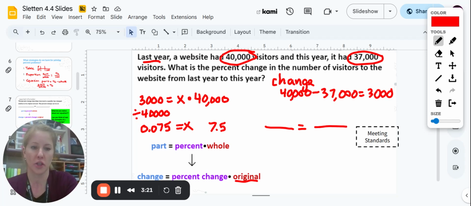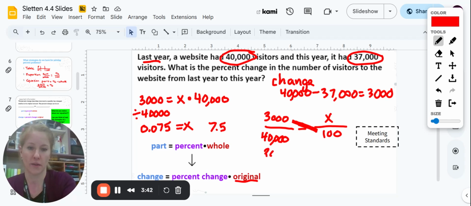All right, let's solve it the proportion way. So we'd set it up like this. Our change is 3,000. We already calculated that out. Our whole or original, starting, total, those all mean the same thing. That is our whole, and we have to figure out what percent that is out of 100. Then remember, we use cross products, so we multiply the two corners where we know the numbers.